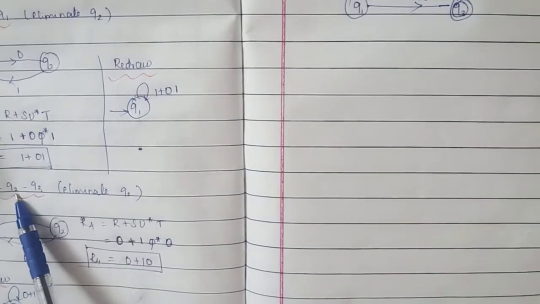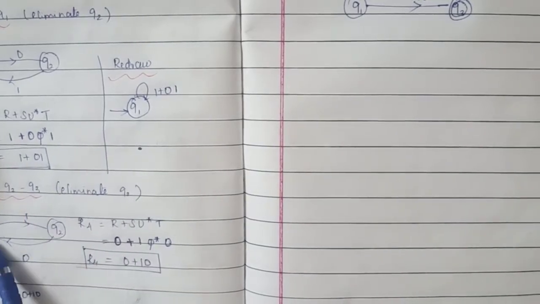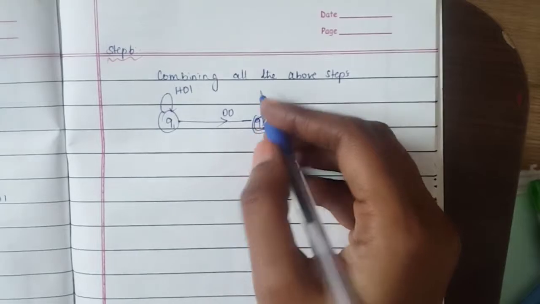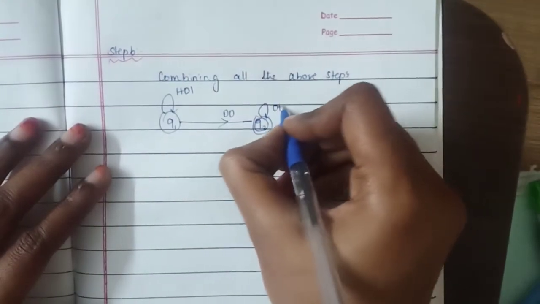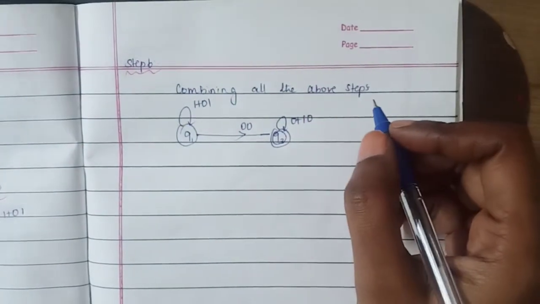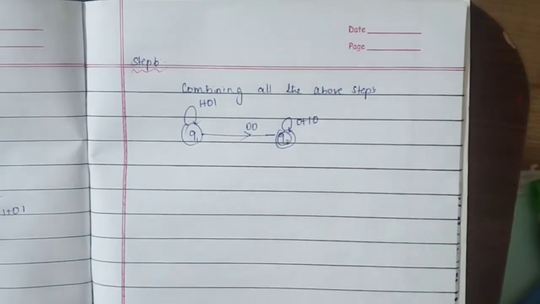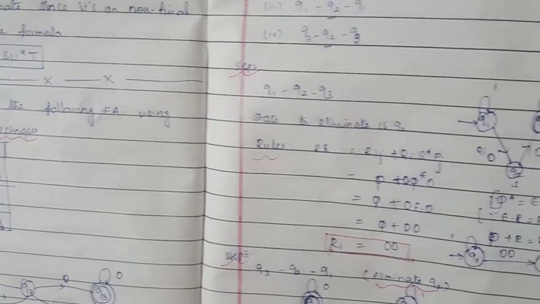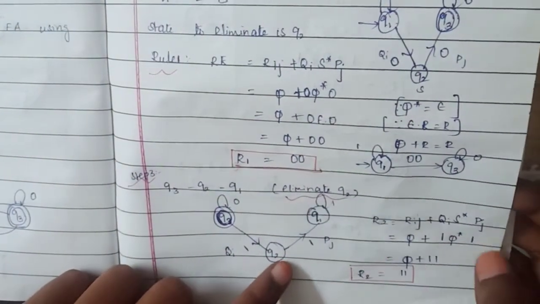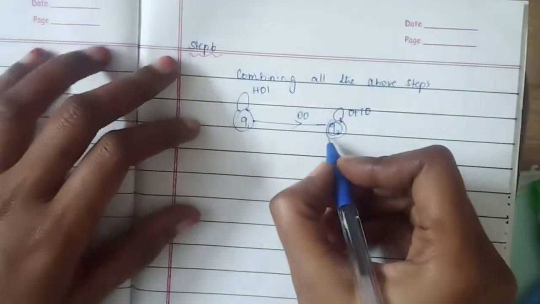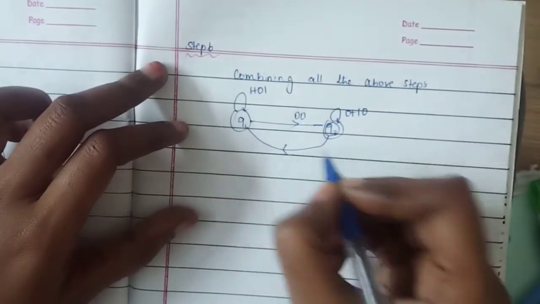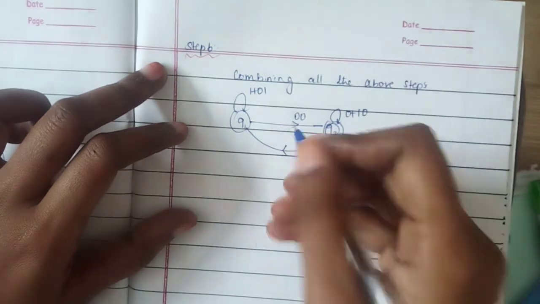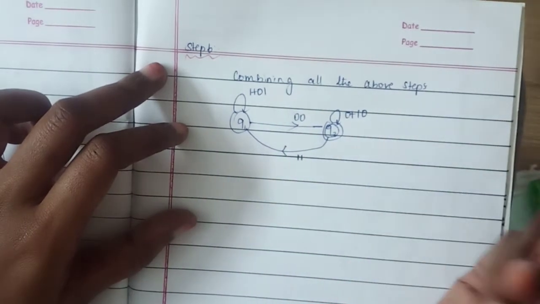So after eliminating Q2, you have the self loop which is known as 0 plus 1 0. You need to draw this one, 0 plus 1 0. After this Q3 to Q1, see here, Q3 to Q1, it is 1 1. So just refer and redraw all the steps here.